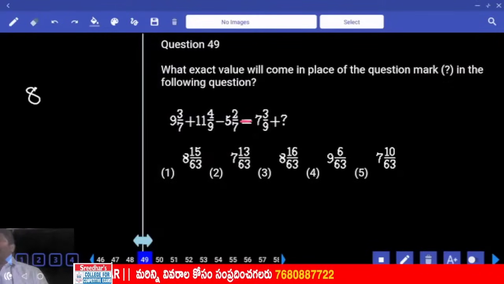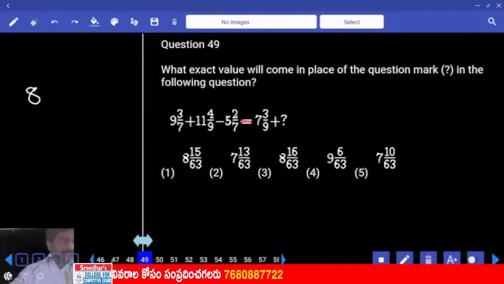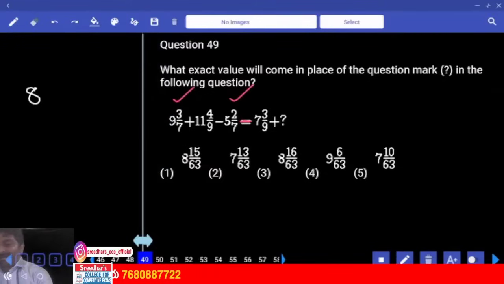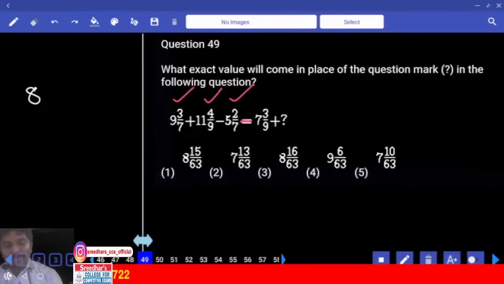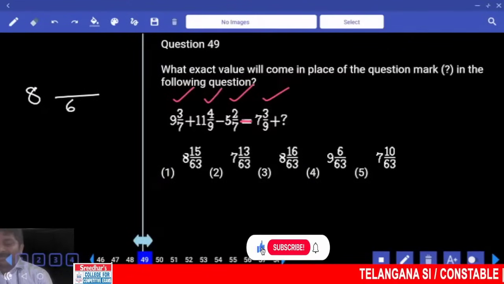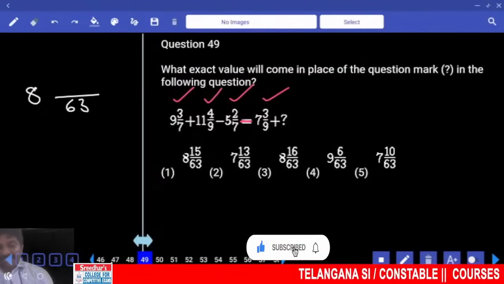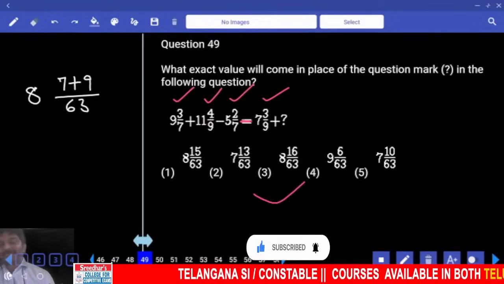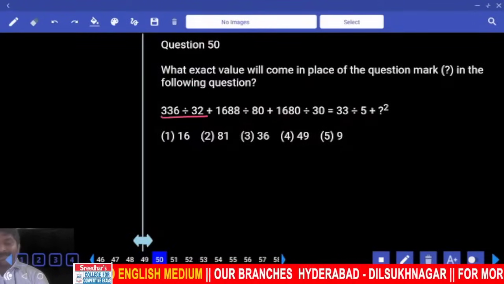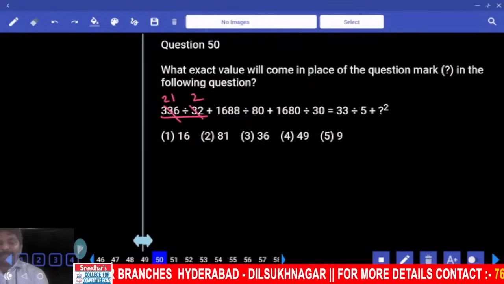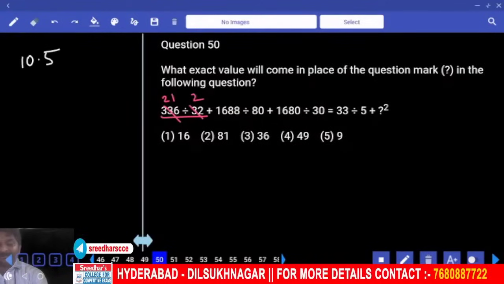If you look at the denominators, you have only two numbers, 7 and 9. 3 by 7 minus 2 by 7, 1 by 7. 4 by 9 minus 3 by 9, and both are positive only. 7 and 9 LCM 63, and in the numerator you get 7 plus 9, 16. Third option. Come on, 21 times 2 is 42, which is 10.5.